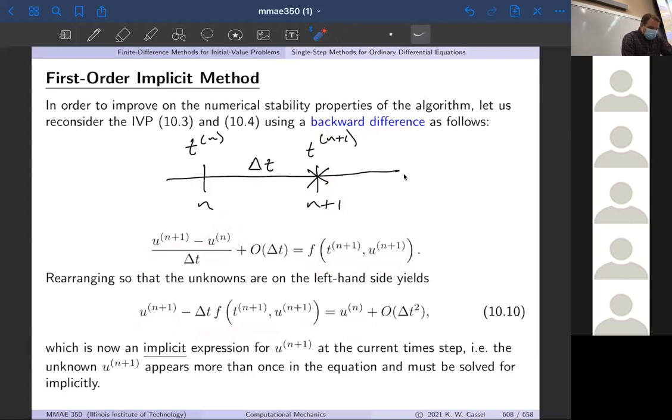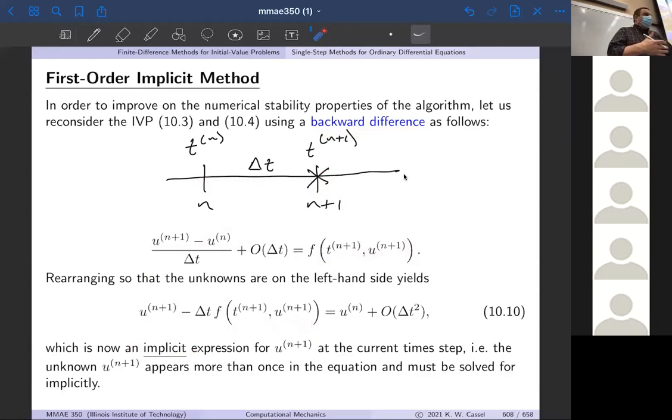Okay, so now we have an implicit expression. I can't just calculate stuff on the right-hand side and get my u^(n+1). I now have a u^(n+1) here and a u^(n+1) here. So I have to solve implicitly for that unknown, u^(n+1).